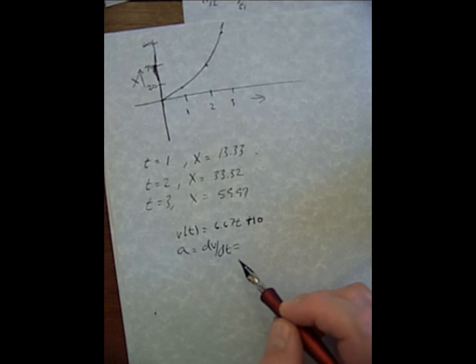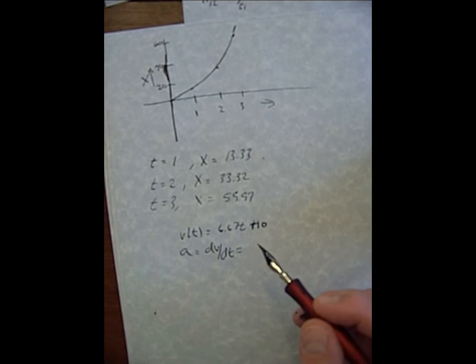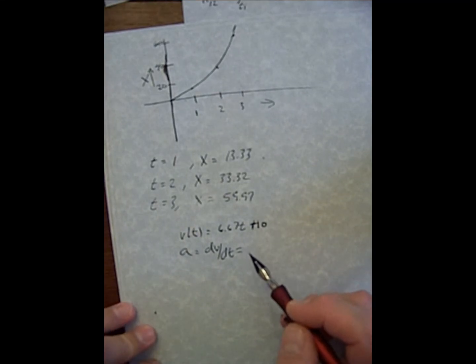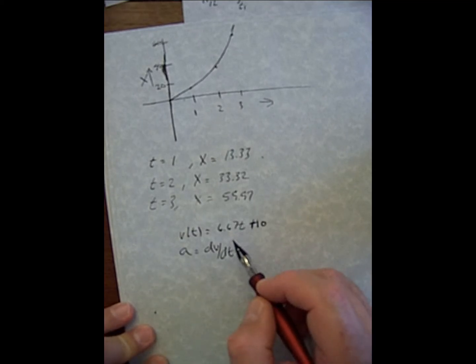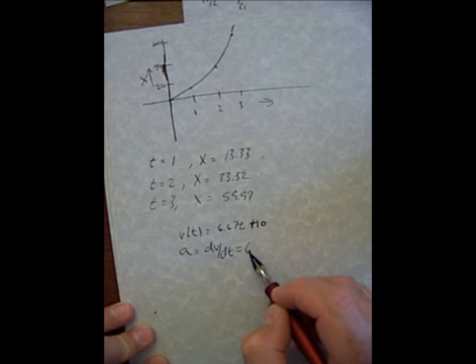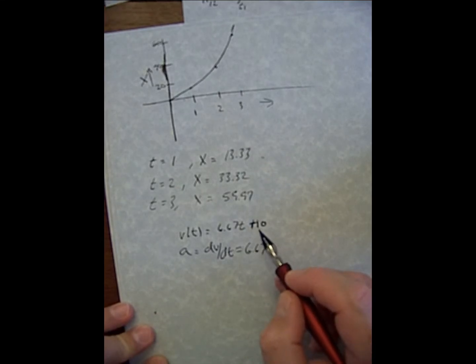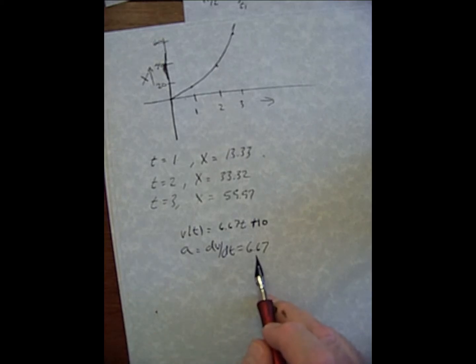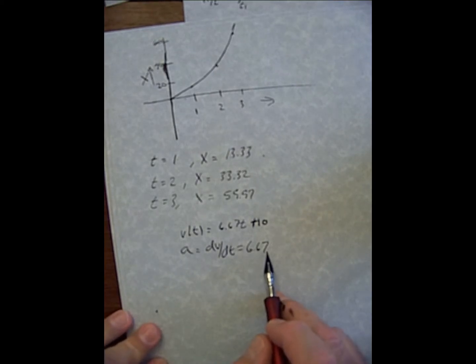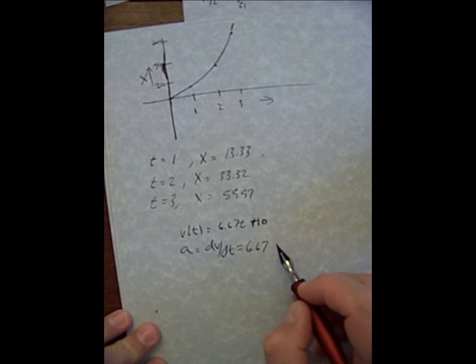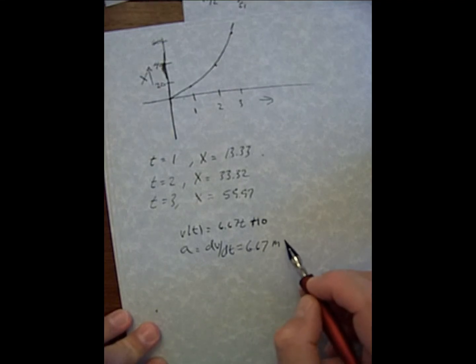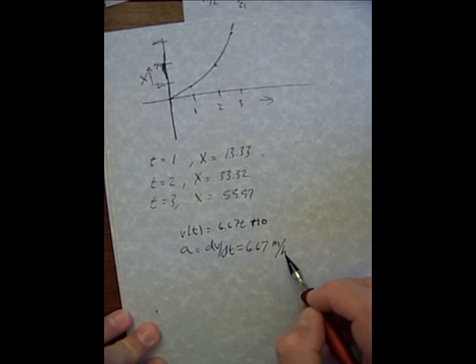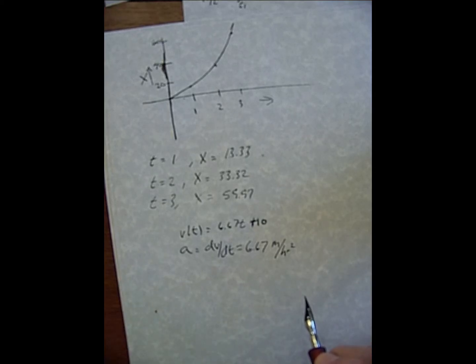The derivative, again, is the opposite of integration, and you just go to mathematical tables to look these things up. But if I have a constant times t, the derivative of that is just a constant. And if I have a constant, the derivative of that is 0. So my acceleration is 6.67, and this would be miles per hour squared.